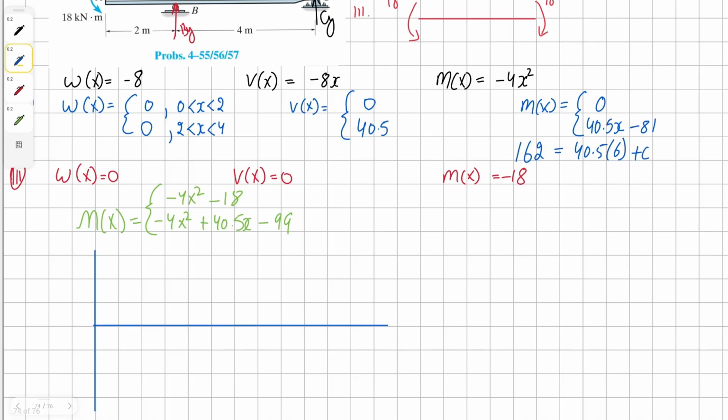For our moment diagram, we're going to begin with negative 18, because when you plug the value of 0 into equation 1 for region 1, we have that.